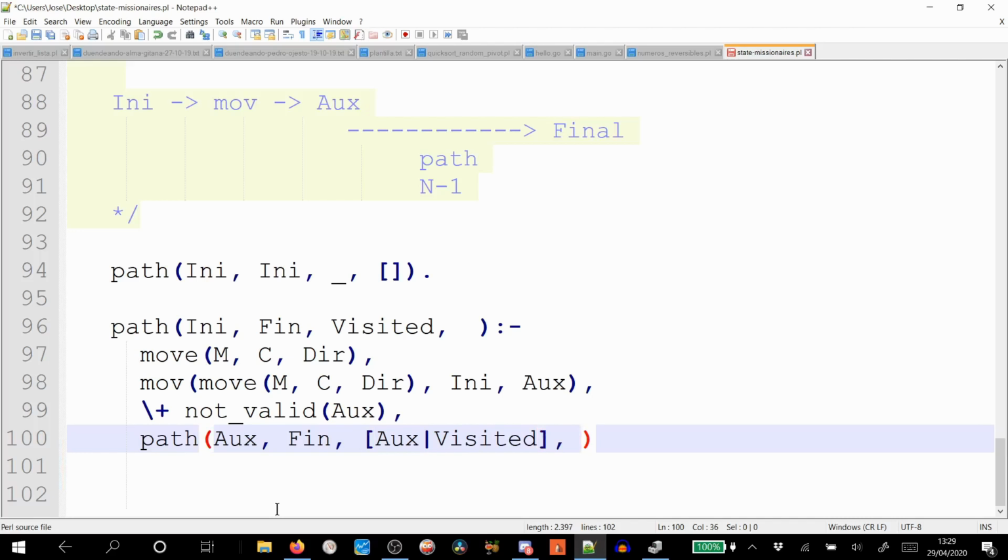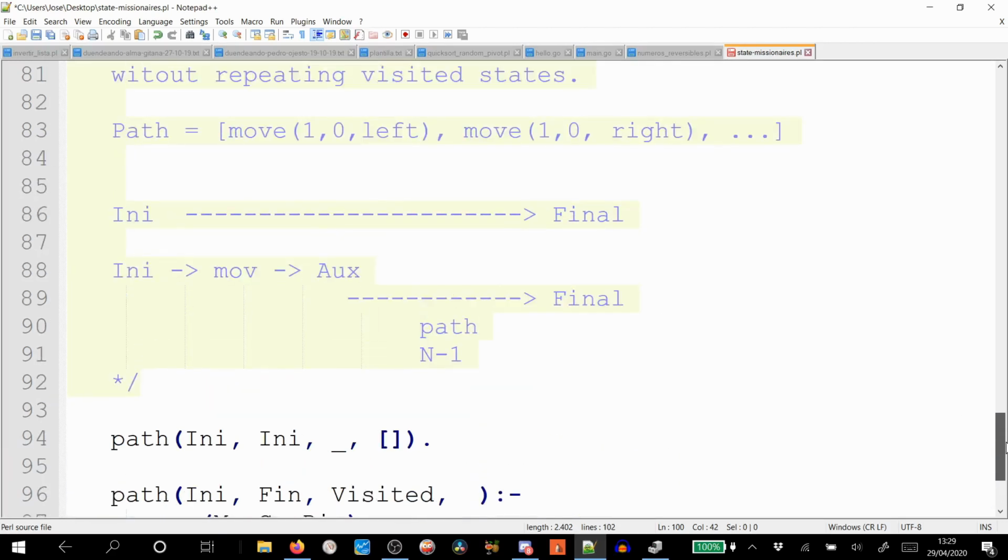And here I have a path, a list of movements to go from aux to final, but I want to obtain the path from initial to finish.